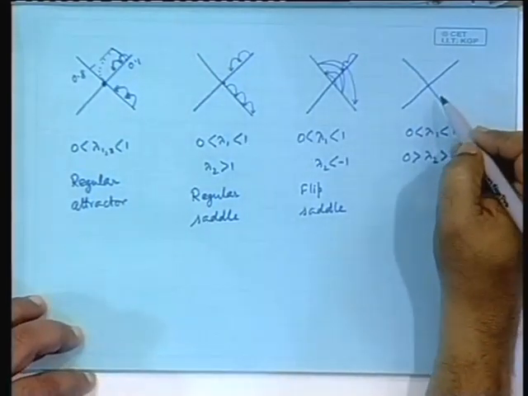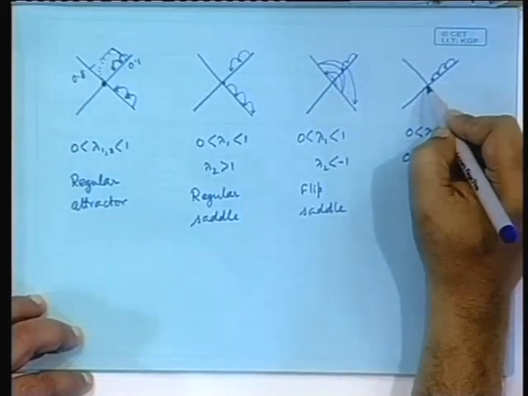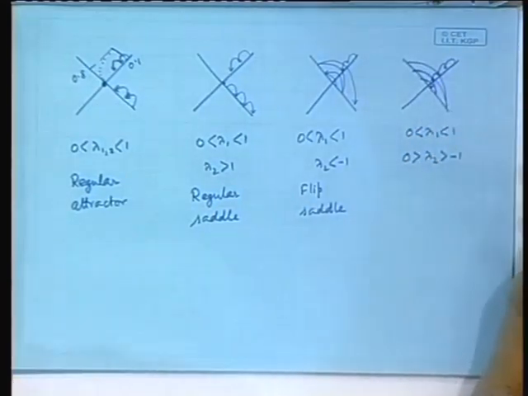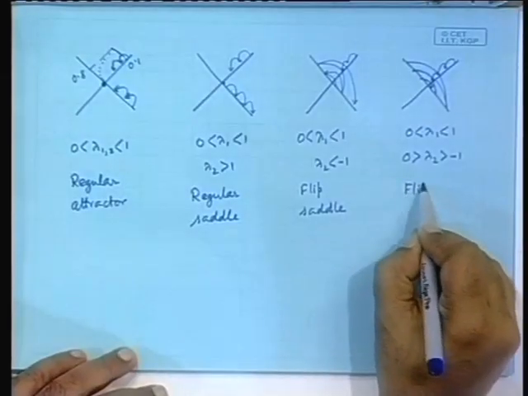So how will the behavior be? In one direction it would be like this, in the other direction it would be flipping, but nevertheless coming closer. Okay. So these are the possibilities when the eigenvalues are real. This is a flip attractor.